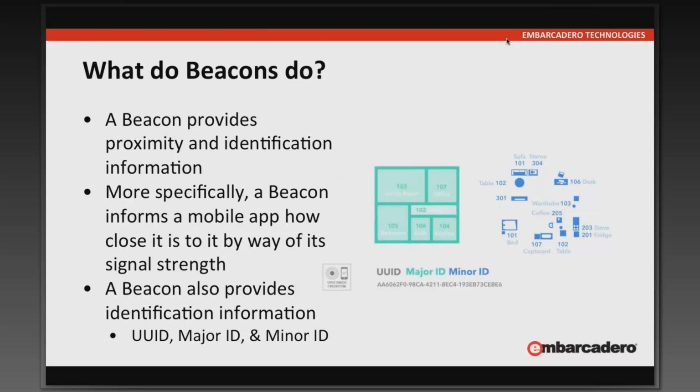There's a beacon that describes where the stereo is, or where the sofa is, or where the table is. This is a simple example of how to use major IDs and minor IDs to lay out several beacons so that you can get contextual information about your environment other than just pure numbers.